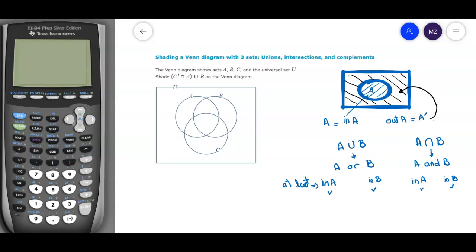So for union we said it is at least one. For this one, we have to say both. Both statements must be verified. So one of them is at least one of them, the other one is both. I hope this is clear.